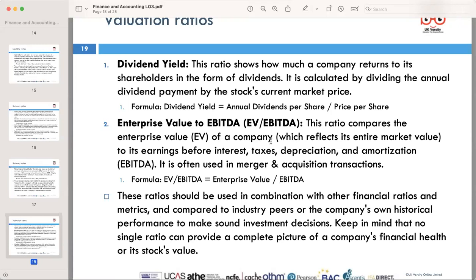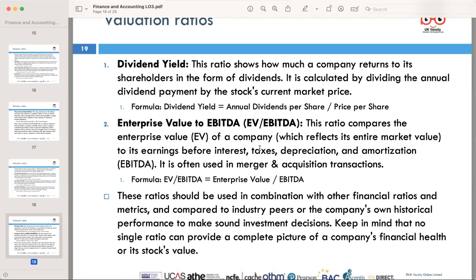So the formula is enterprise value divided by EBITDA, again earnings before interest, taxes, depreciation, and amortization.